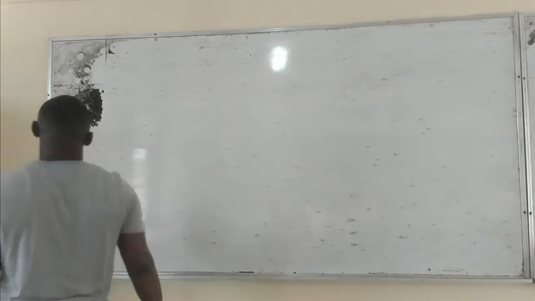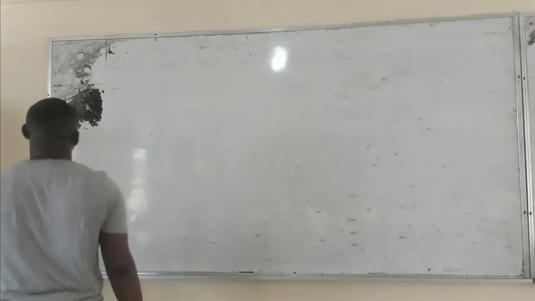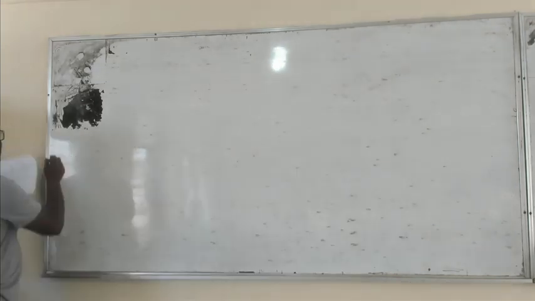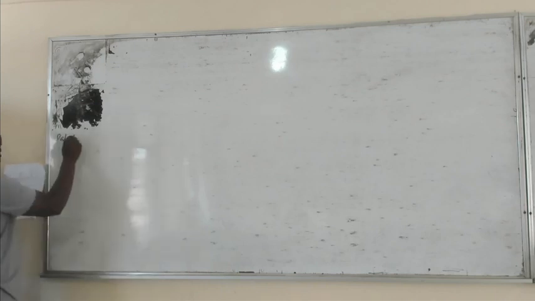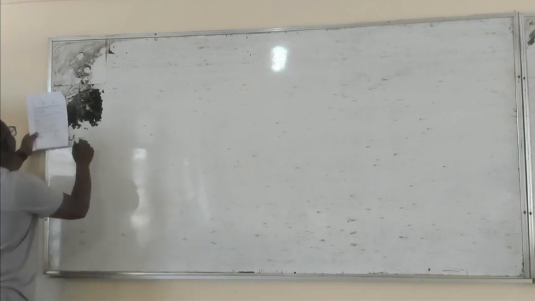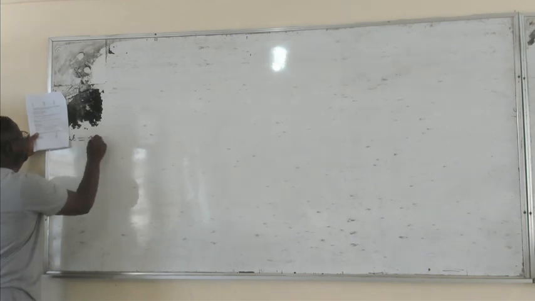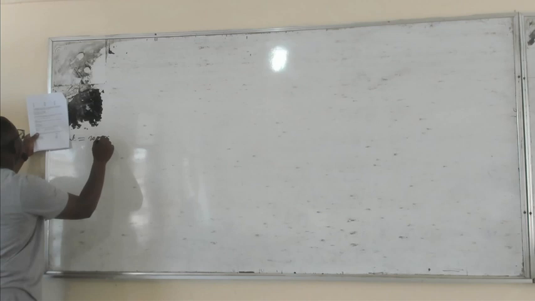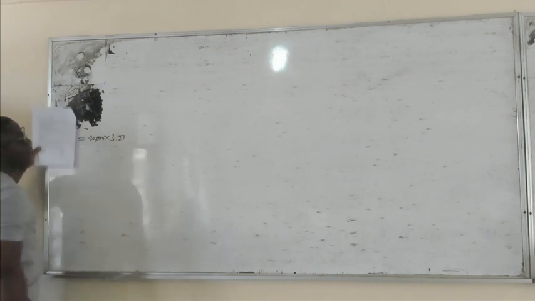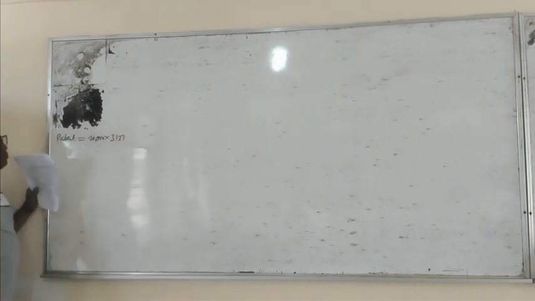You have the annuity for 5 years. So let's calculate the patent figure. The new patent figure will be 20,000 times the annuity for 5 years, that is 3.127. Okay. What will be the patent figure?